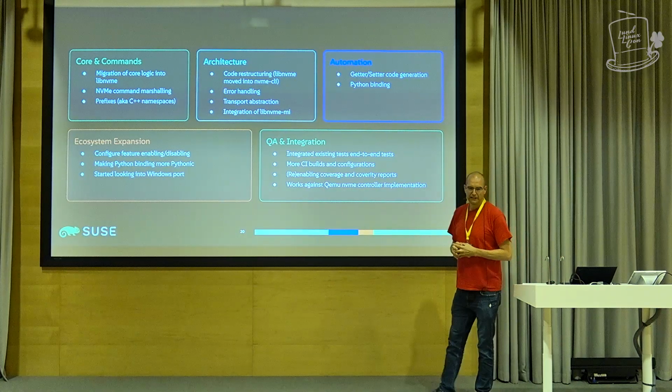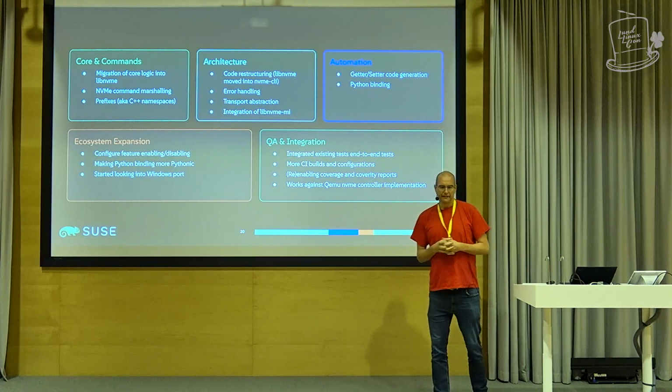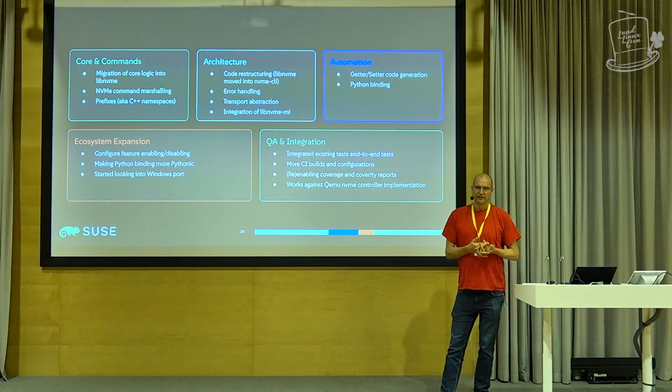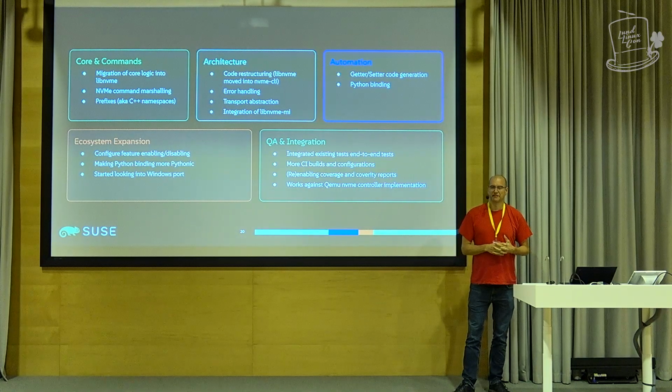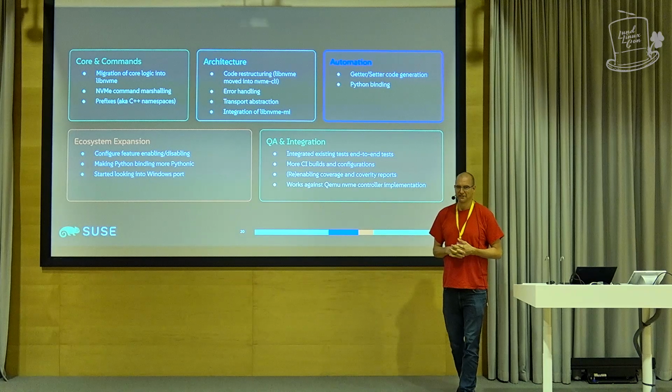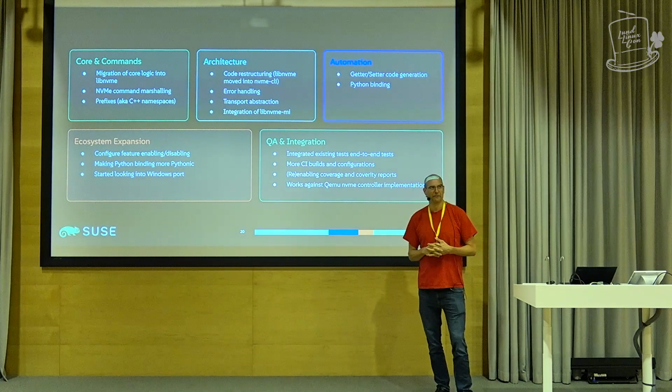Then what we also did is, for example, the error handling changed, because the POSIX error handling is weird, and we found, I would say, 20 different bugs where we just didn't handle the error at all or incorrectly.